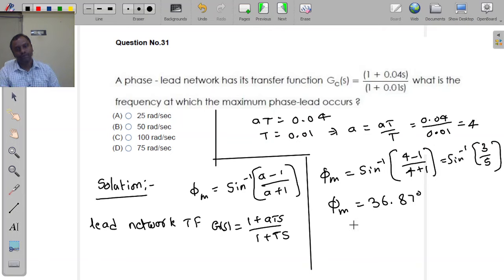But this is the maximum phase lead. At what frequency does the maximum phase lead occur? Omega m is the geometric mean of the two corner frequencies.